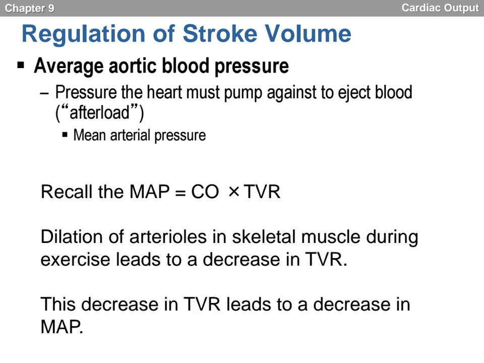Let's look in a little more detail at the average aortic blood pressure and how it affects stroke volume. So this average aortic pressure is the same thing as mean arterial pressure, and it's also referred to as afterload. So essentially, this is the pressure that the heart must work against. For example, the only way the heart can eject blood is if the pressure within the ventricles is higher than the pressure in the aorta.